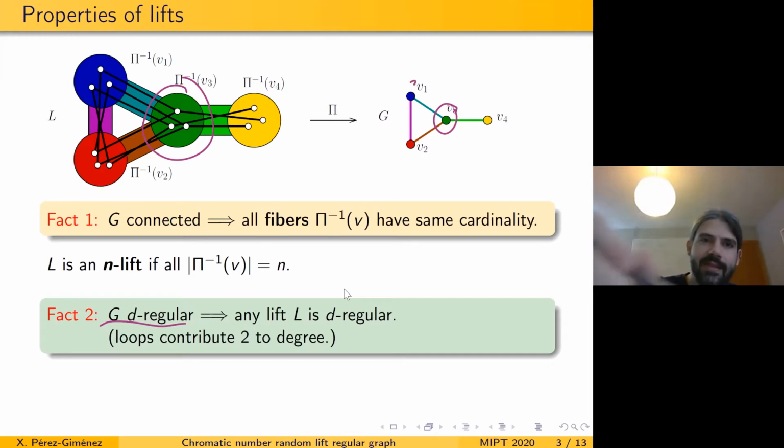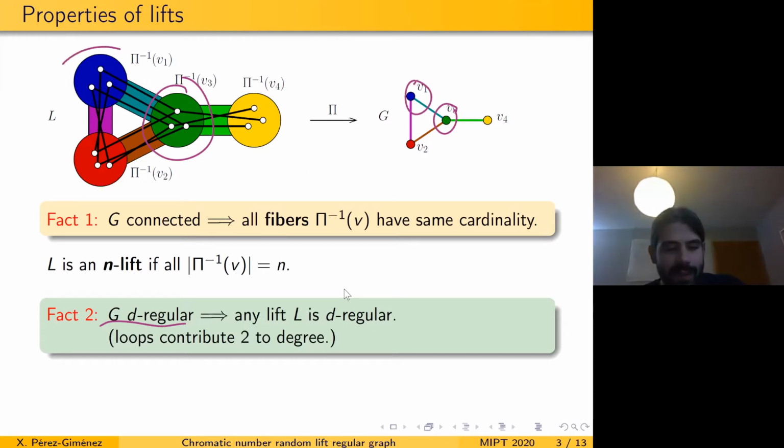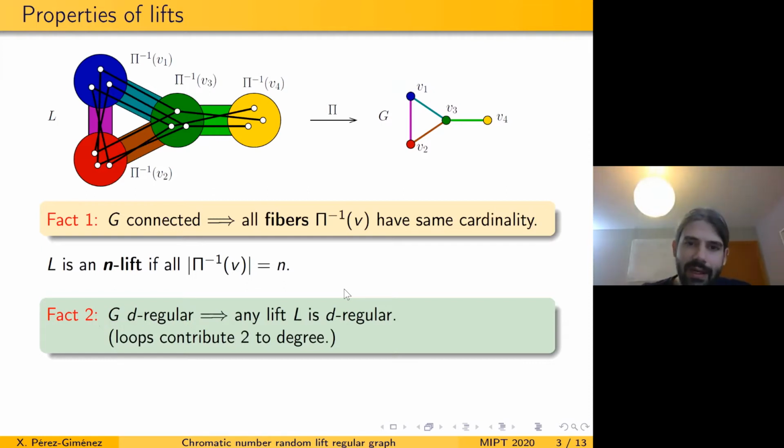And this vertex has degree 2, and all the vertices in the corresponding fiber have degree 2. So in particular, if G is d-regular, so is any lift L. And as I said before, loops contribute 2 to the degree, and half loops contribute 1, but whatever they are.